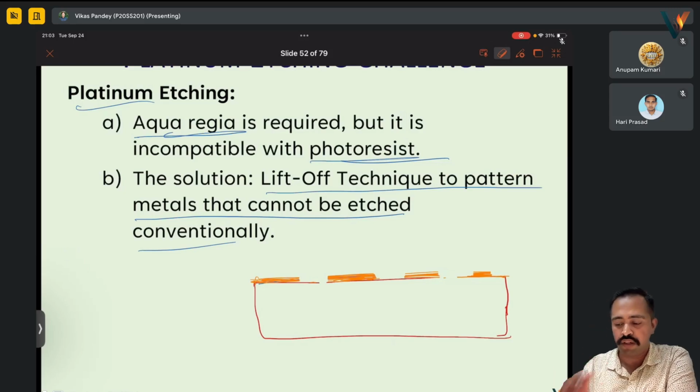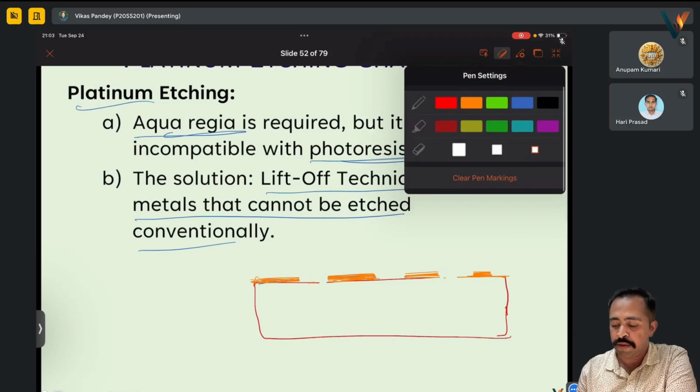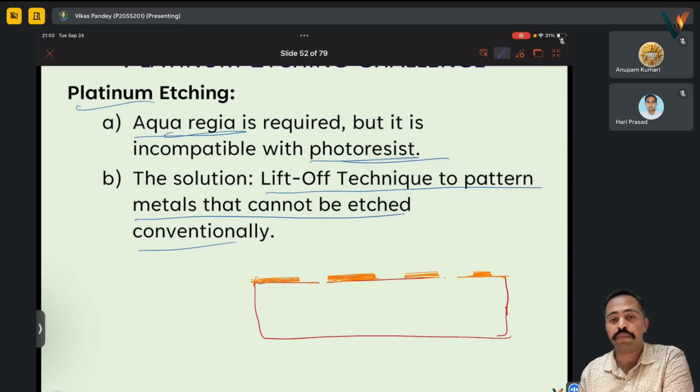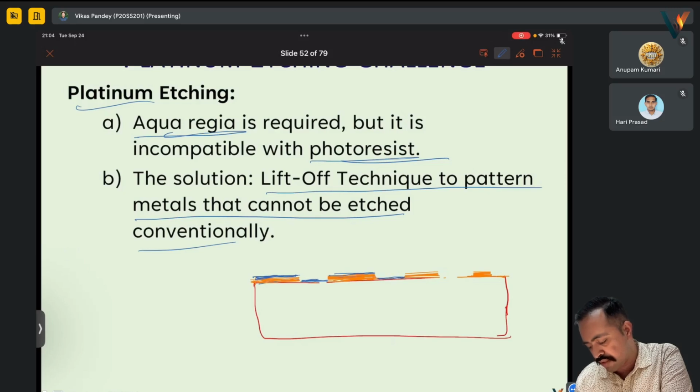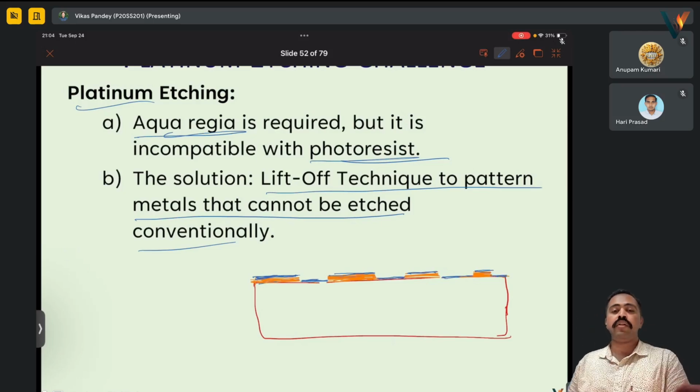Wherever we want it, we will remove that. Then we will deposit the Pd over it, and when it's deposited, it will be deposited like this, a layer of it, and then we'll put it into stripper.